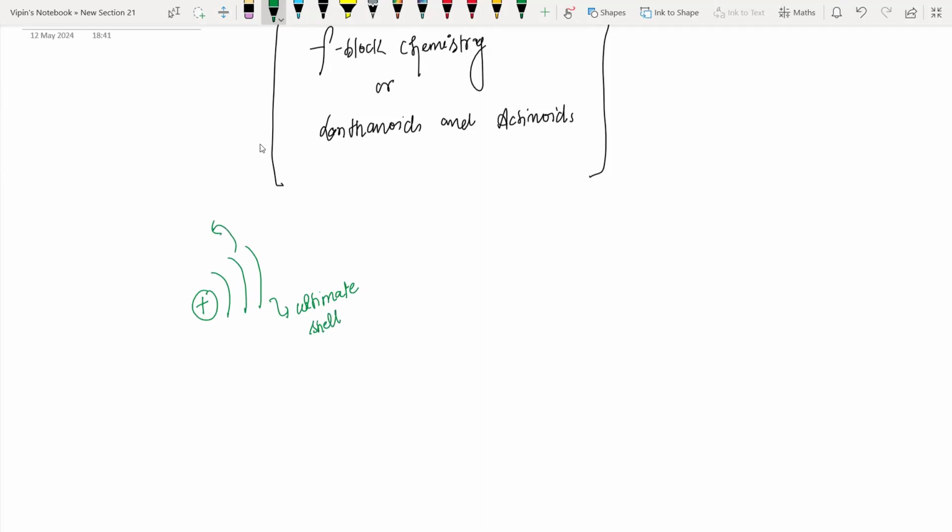And this shell is called the penultimate, the second outermost shell. And this third shell is called the anti-penultimate shell.